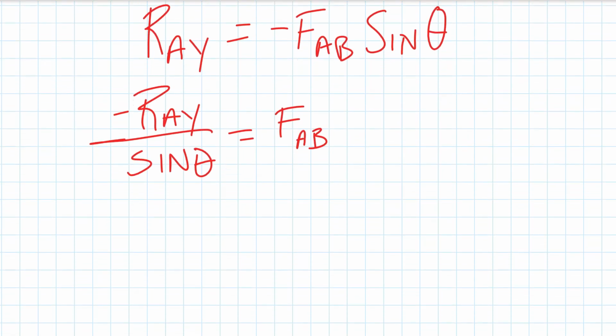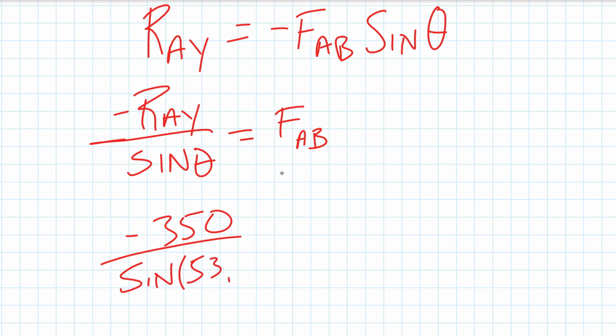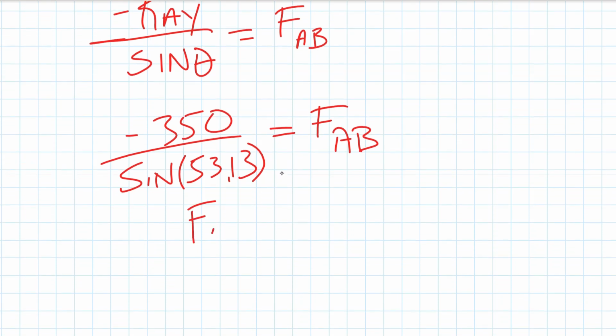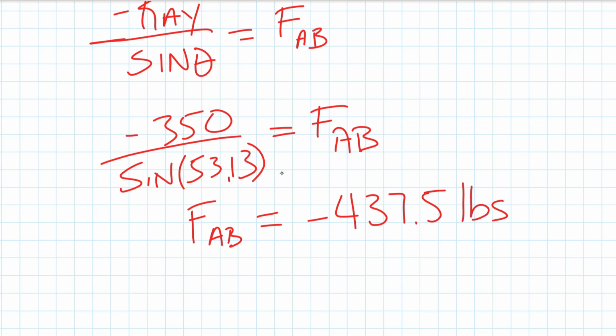Then we plug in the numbers that we have: minus 350 over sine 53.13 equals FAB. We do the calculation and we find that FAB is equal to minus 437.5 pounds. Because it's a negative number, we know that it is in compression.